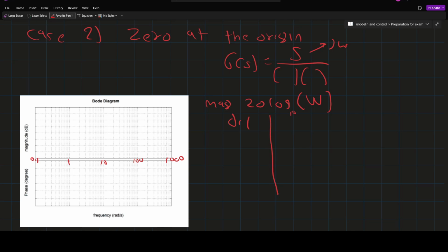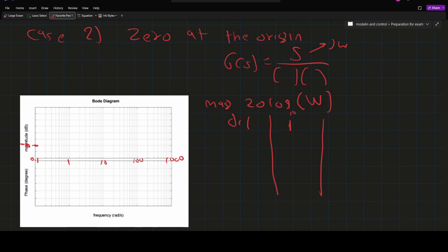When omega is really small, like 0.1, the result of this is minus 20. So at 0.1 we get minus 20. Now what happens when omega is 1?